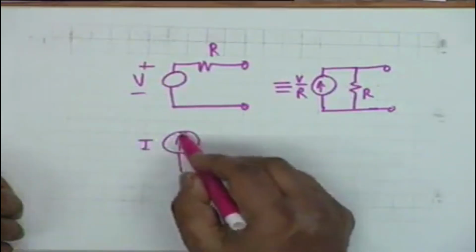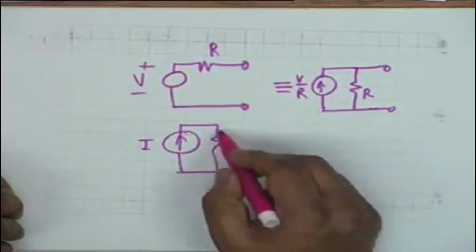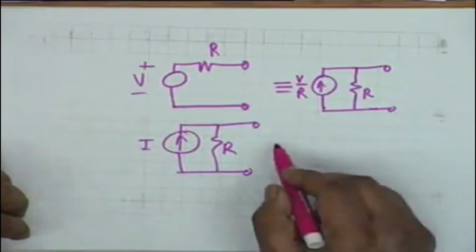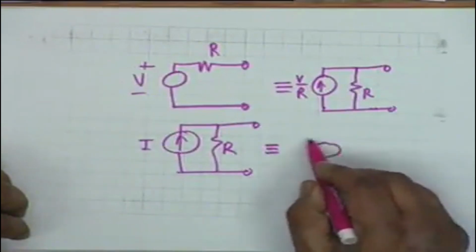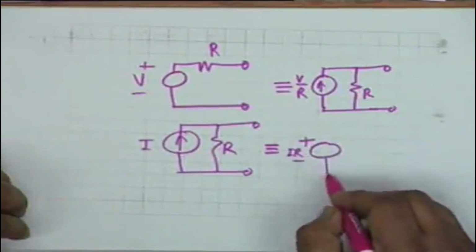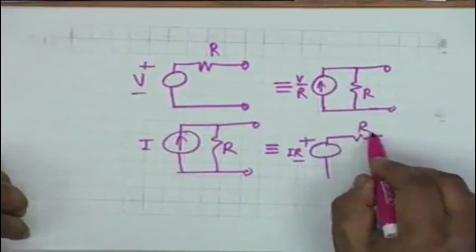Similarly, if I have a current source I, which is non-ideal, that is, it has a parallel resistance R, then this is equivalent to a Thevenin equivalent, a voltage source I times R in series with R.